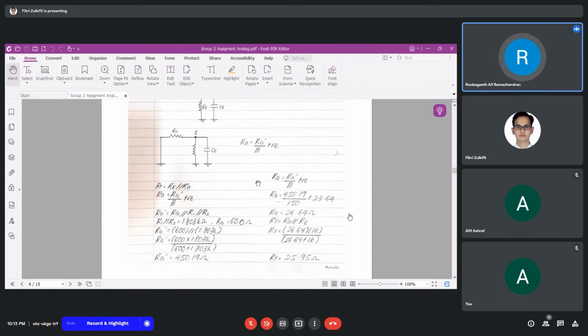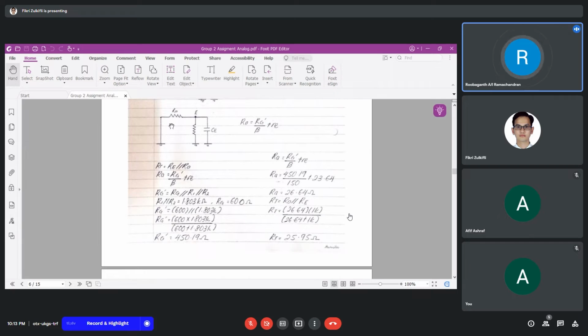And in the third diagram we simplify again, and we get Ra equals Rg prime over beta plus re. First of all, we need to find the R total, where R total equals RE parallel with Ra, where Ra equals Rg prime over beta plus re.